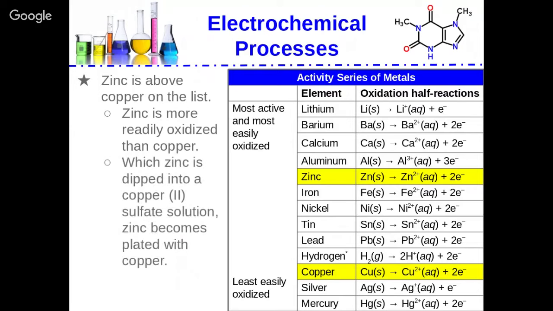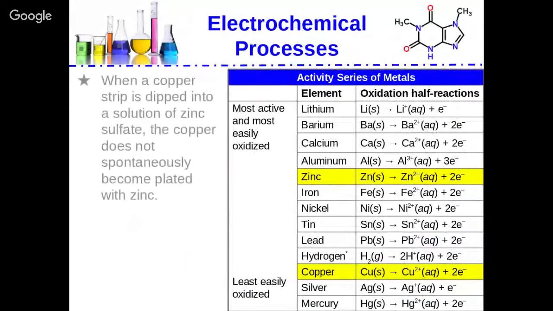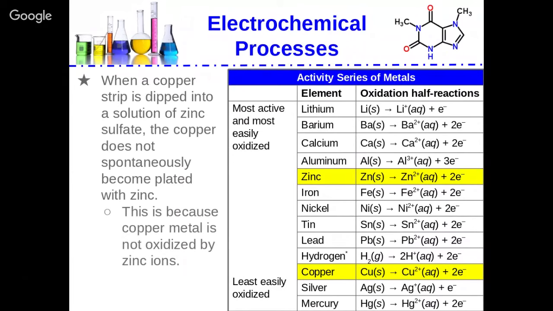When zinc is dipped into a copper 2 sulfate solution, the zinc is going to become plated with copper, because the copper is going to take the electrons that zinc is giving off to make copper solid, and it's going to plate the zinc with a layer of copper. When a copper strip is dipped into a solution of zinc sulfate, the copper does not spontaneously become plated with zinc. This is because copper metal is not oxidized by the zinc ions.